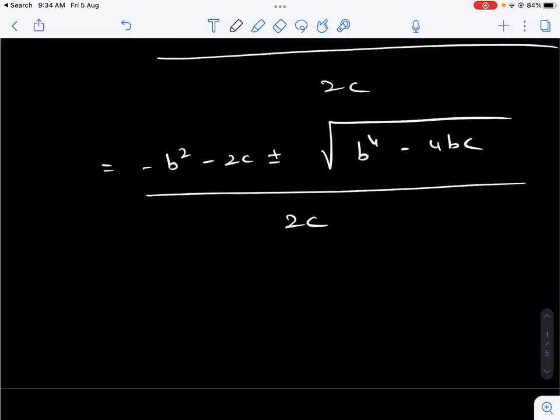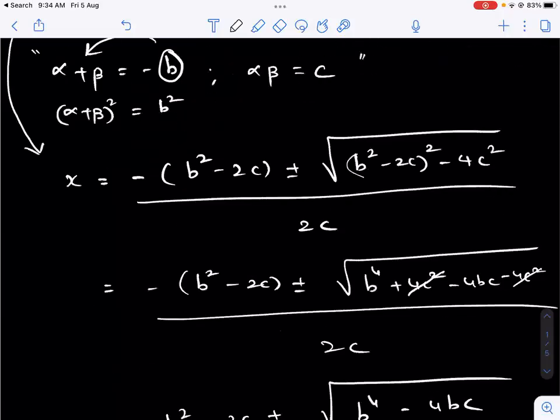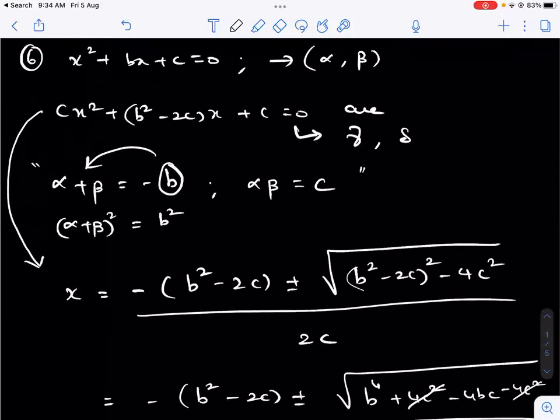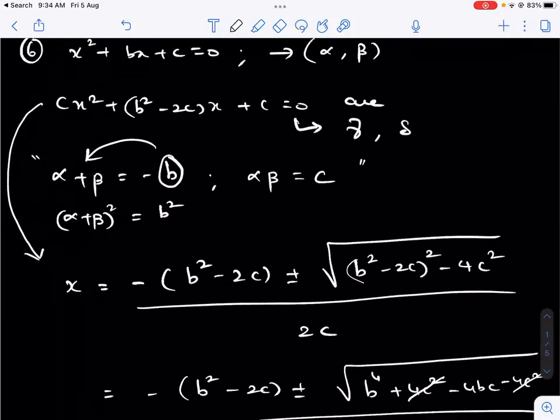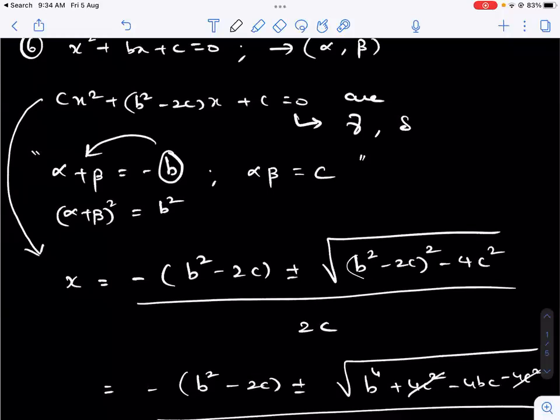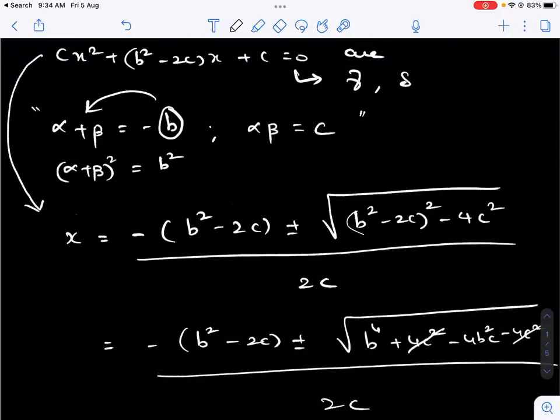So this will be equal to minus b plus or minus root of b power 4 minus 4b square c. Put it in this step.